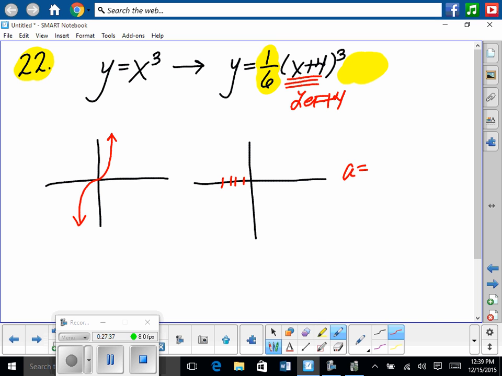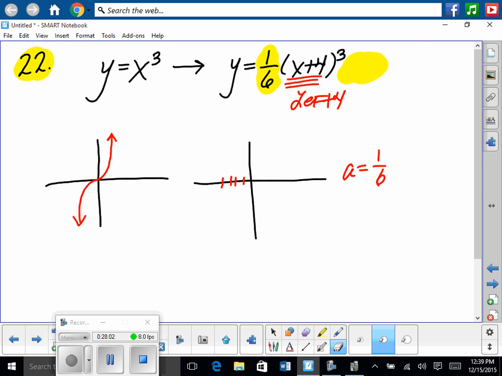So our a value is 1/6. Oh, just a second. Sorry, that is a cube root. I'm sorry. I messed that one up. Let me erase that.